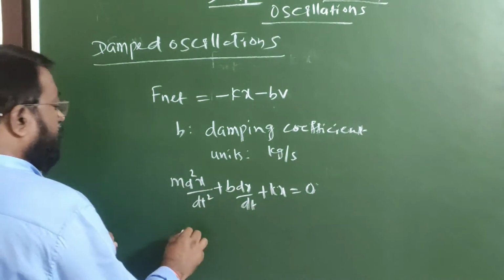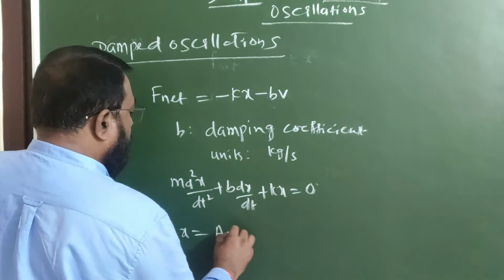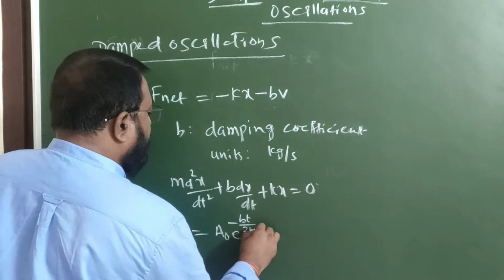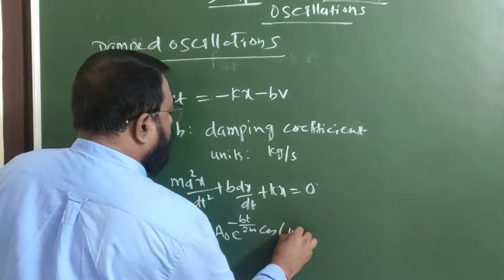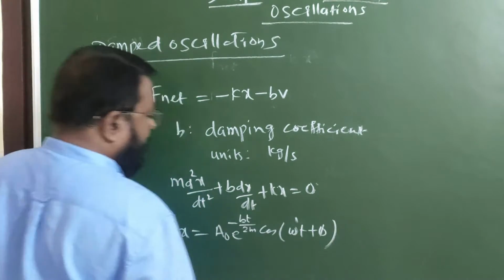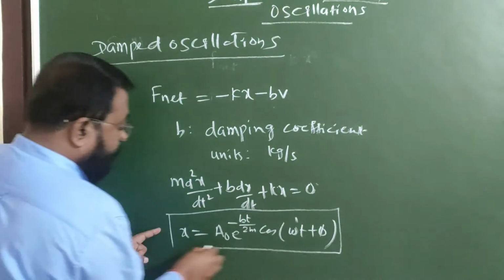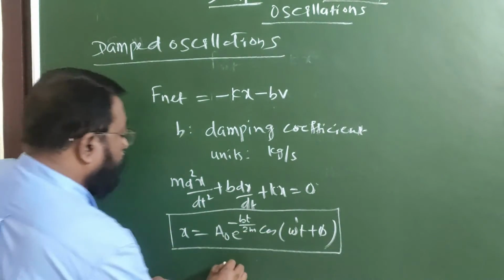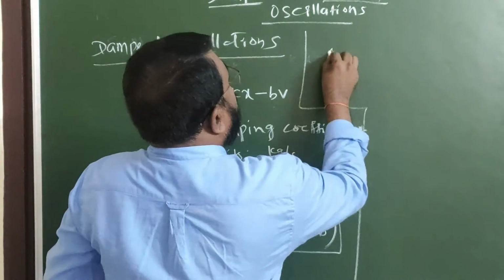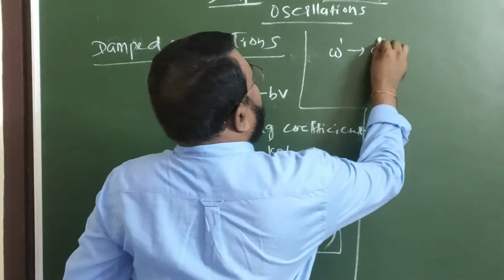The solution for this equation is x is equal to A naught e to the power of minus bt by 2m into cos(omega dash t plus phi). This is the solution of the above equation, where omega dash is the damping frequency.